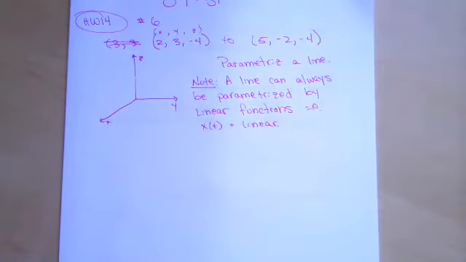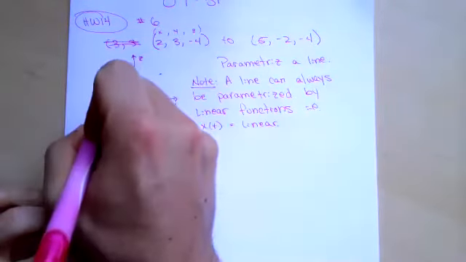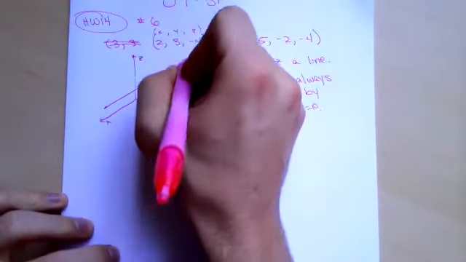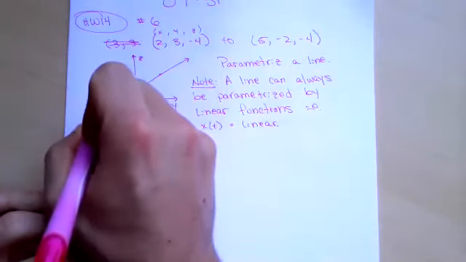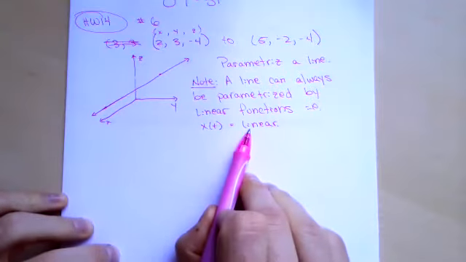I mean, you can have other parameterizations of the line, particularly if I have a straight line and I am moving along the line at constant speed, then that'll be this linear parameterization.